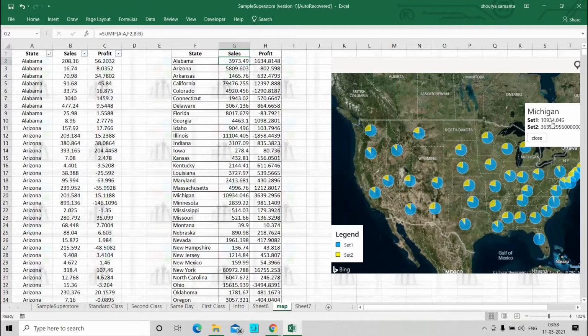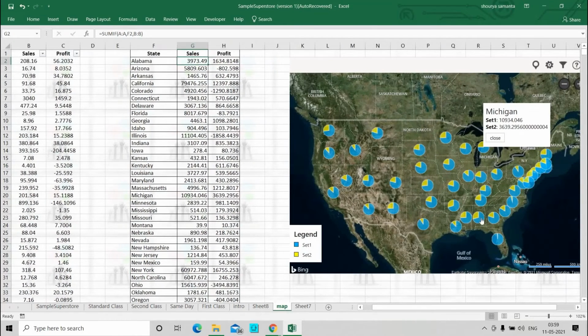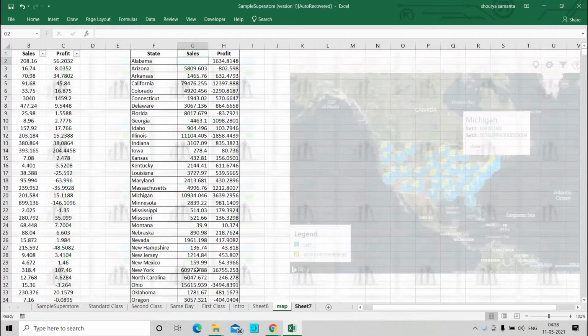Again, for Michigan, total sales is 10934.04 and total profit is 3639.29. As you can see here, the blue part on the circle, that is set 1, represents the total sales, and the yellow part, which is named as set 2 on the legend, represents the total profit.